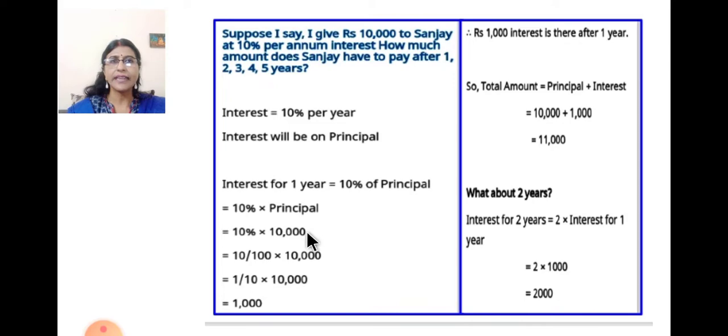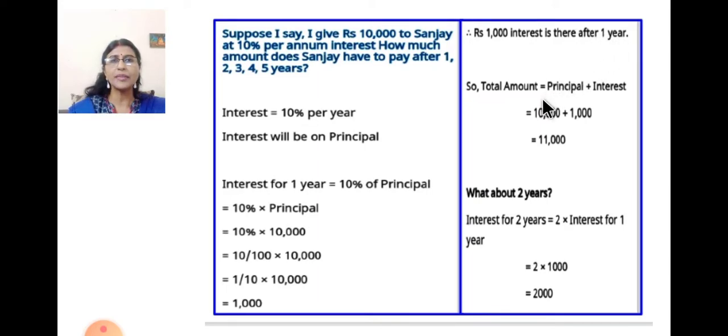Principal is 10,000 given here. And then we'll write 10% as 10 upon 100 into 10,000, and then we'll reduce it. This 0 will be cut. So we'll get 1 upon 10 into 10,000. And then again we'll reduce this and this will be cut. So you will get 1,000 rupees here. So rupees 1,000 interest will be there after 1 year.